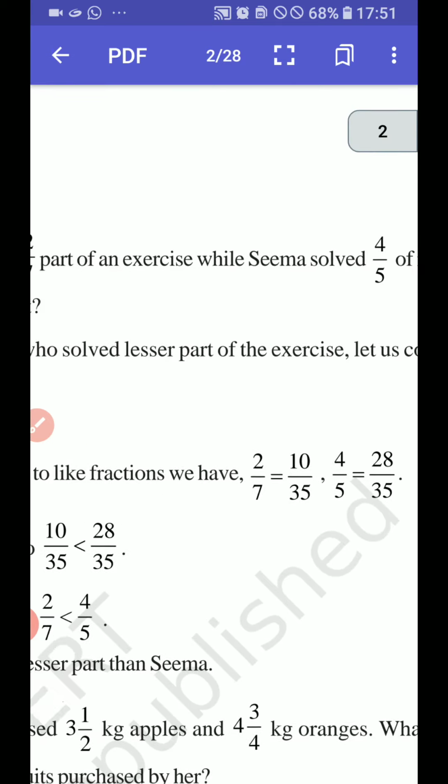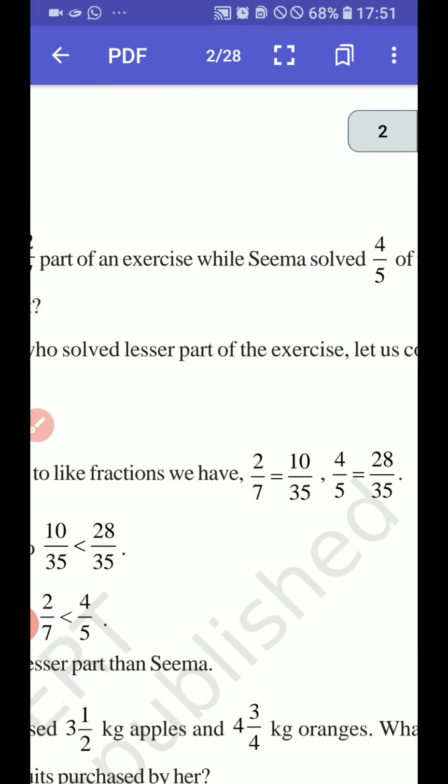After making their denominators equal. The denominator of the first fraction is 7 and the denominator of the second fraction is 5. So you will multiply the first fraction's numerator and denominator by 5, and the second fraction's numerator and denominator by 7.